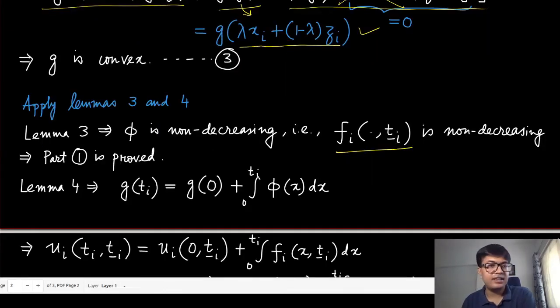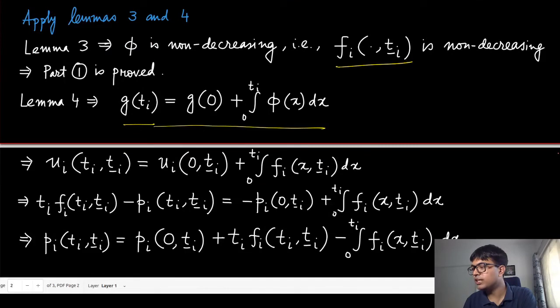Lemma 4 gave an integral formula, and we are going to use that to find the payment expression. So what can we do? We can just replace these quantities with their actual values. So we have the utility of (0, t-i) and this fi.